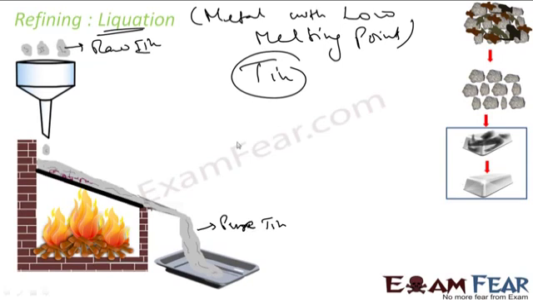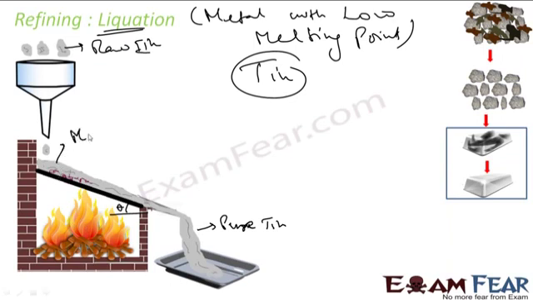Here, a low melting metal like tin is made to flow. This is a ramp, an incline, with some angle here. The low melting tin can easily flow when you supply heat, so that the metal can melt.